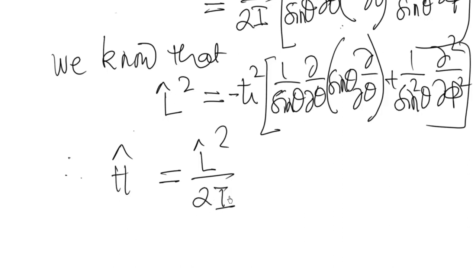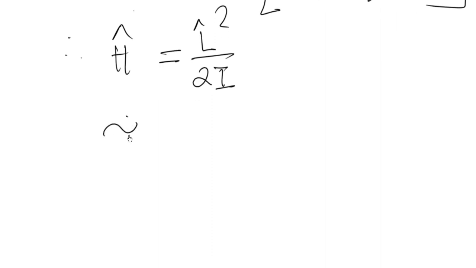Since the Hamiltonian does not depend on the radial distance for a constant capital R, the wave function will depend only on the angular variables theta and phi. So the wave function is a function of theta and phi only.